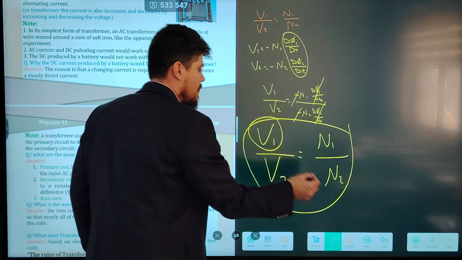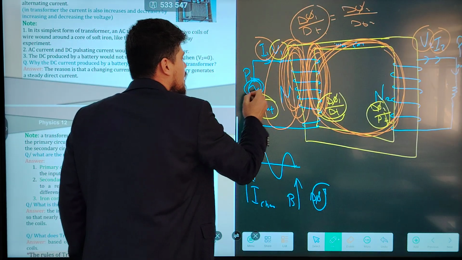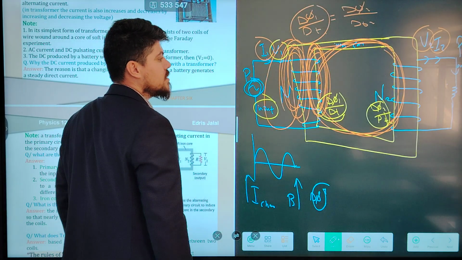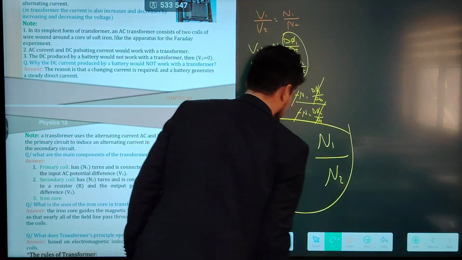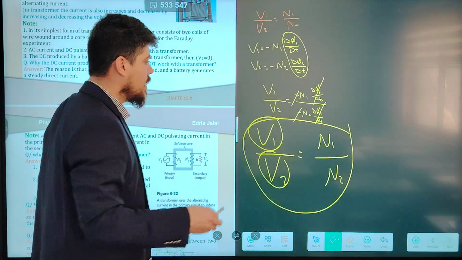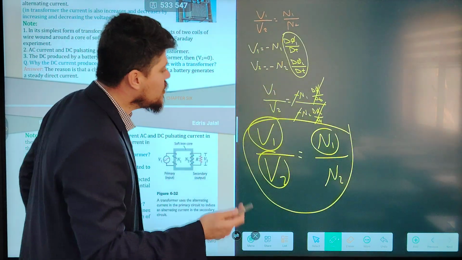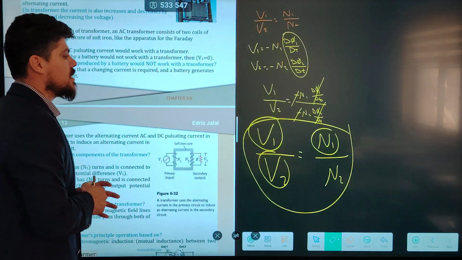What is V1? V1 is the potential difference in the primary circuit, the input. V2 is the potential difference in the secondary circuit. N1 is the number of turns in the primary circuit. N2 is the number of turns in the secondary circuit.